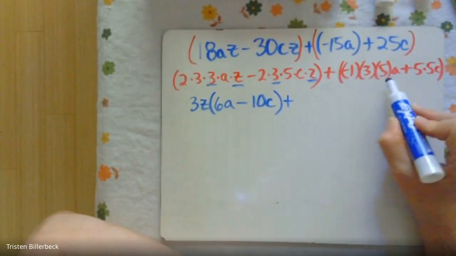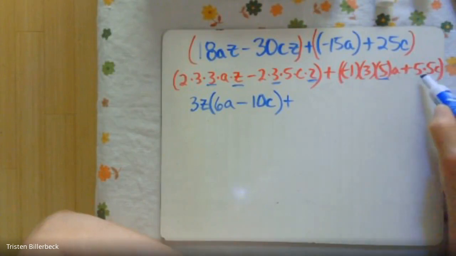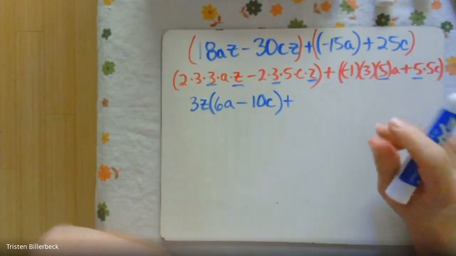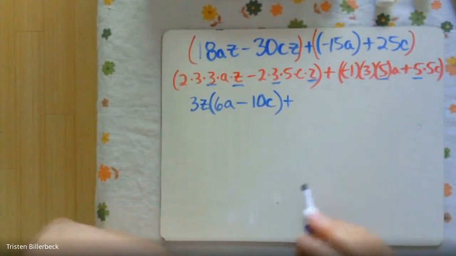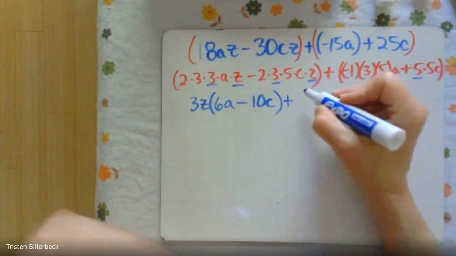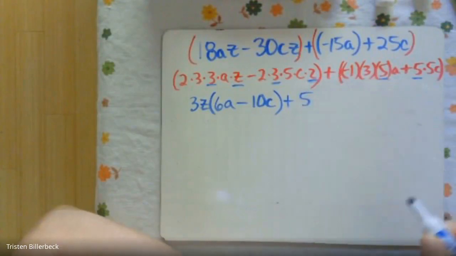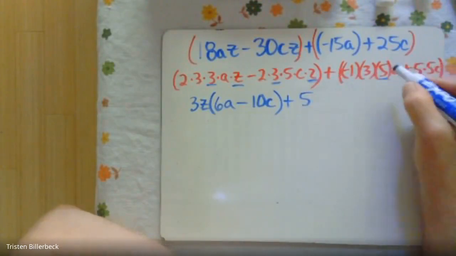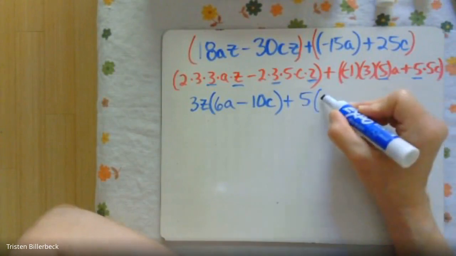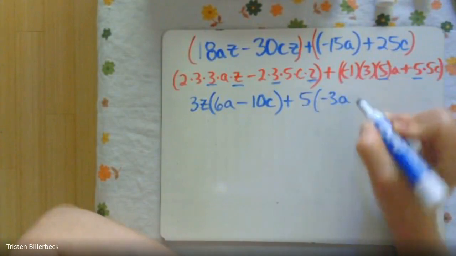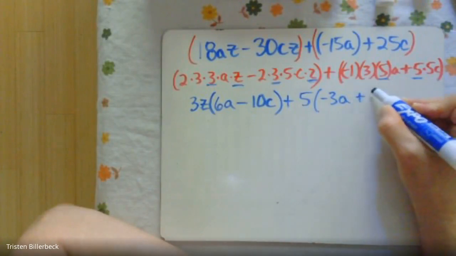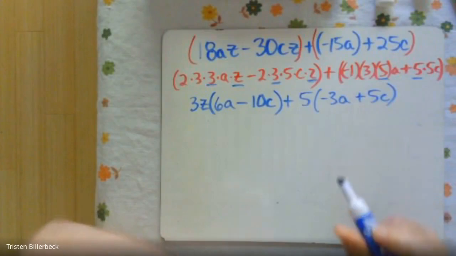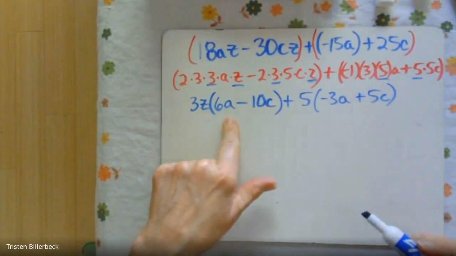So here we look at what do they have in common? We see they have a 5 in common. So we're going to pull the 5 out. Okay, so that leaves us negative 3a plus a 5c. Oh, we missed something, didn't we?